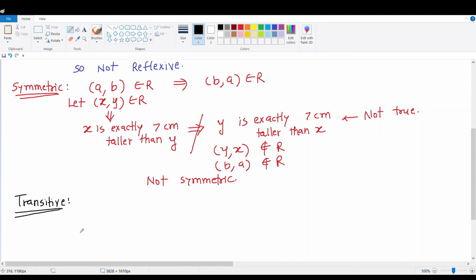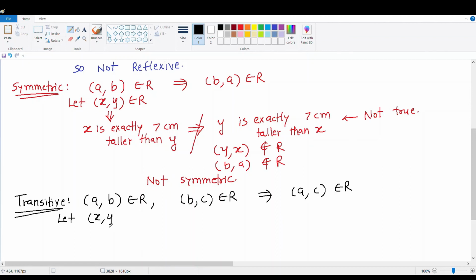Now the definition of transitive says what? That if you have (a, b) belongs to R, if you have (b, c) belongs to R, then you must have (a, c) belongs to R. So let (x, y) belong to R, let (y, z) belong to R, and we will see whether we have (x, z) belong to R or not.